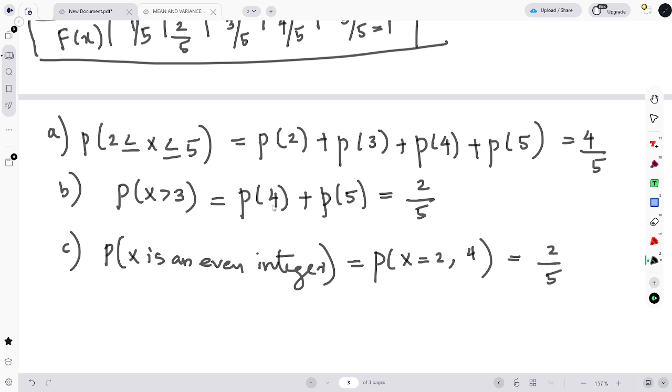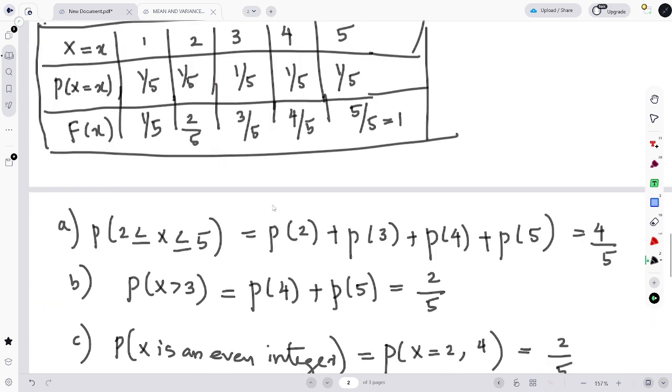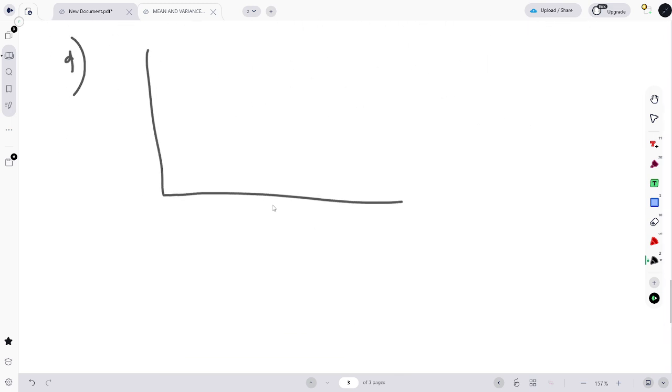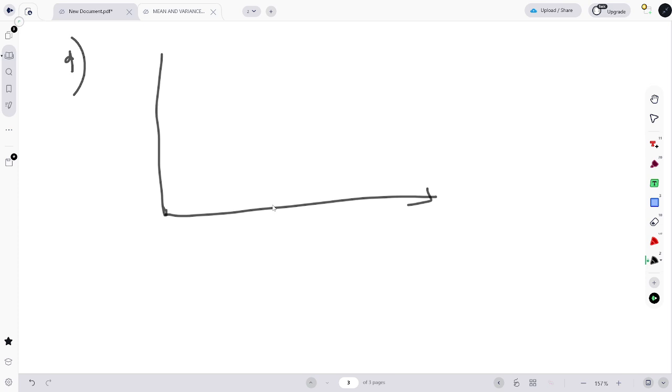Now the last question: you have to draw the graph of the CDF. For drawing the graph, you can take the values of x on the x-axis and the function values, that is cumulative values, on the y-axis.